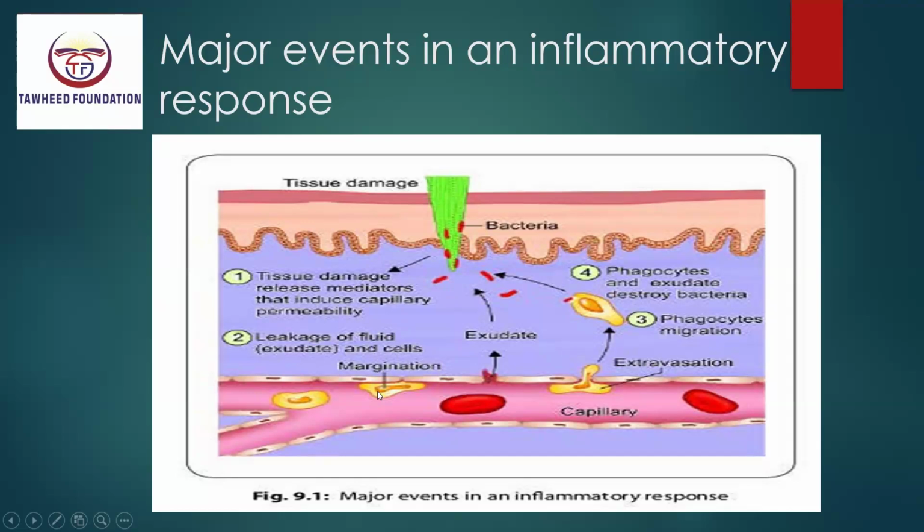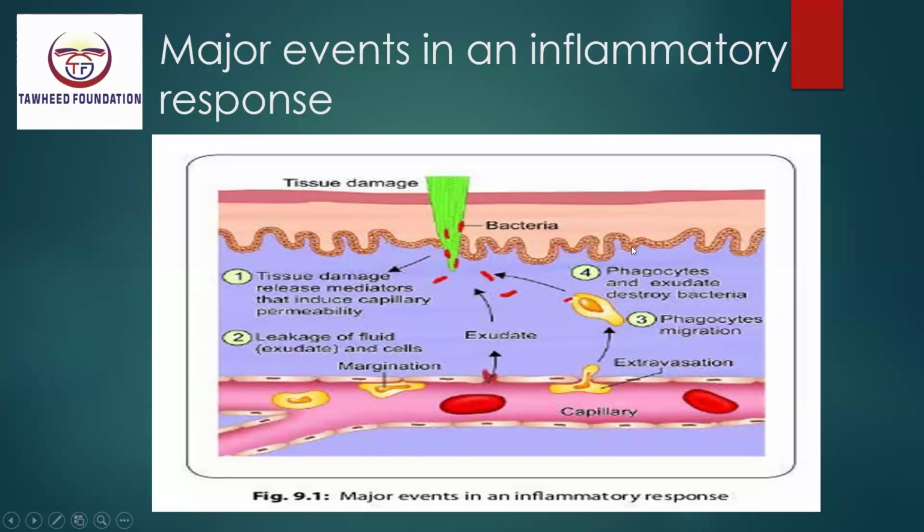Phagocytes such as neutrophils and macrophages migrate from the bloodstream into the site of injury. This process is called extravasation, movement of immune cells out of the capillary into the tissue. So these cells are directed to the infection by chemical signals, that is chemotaxis.